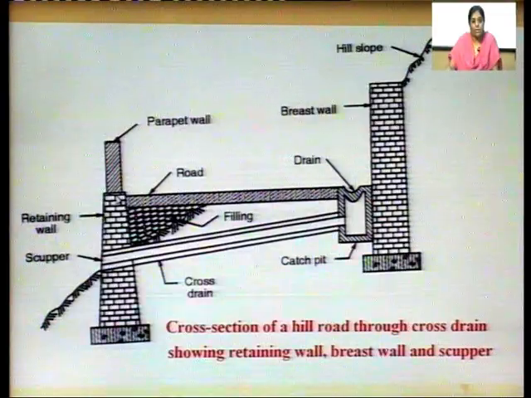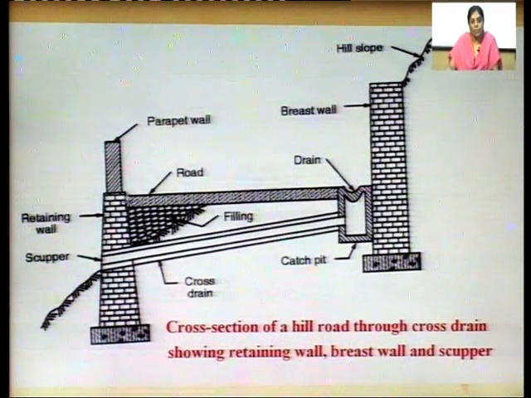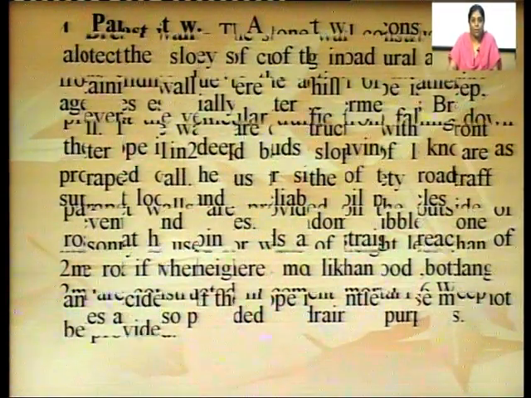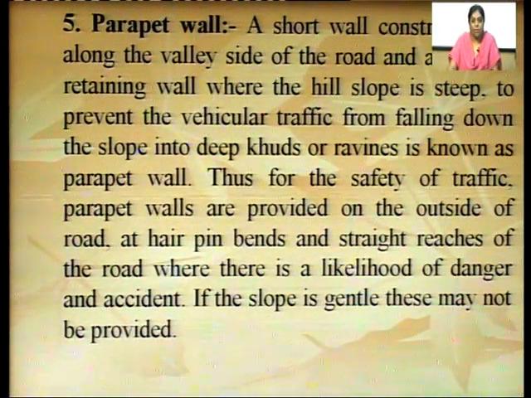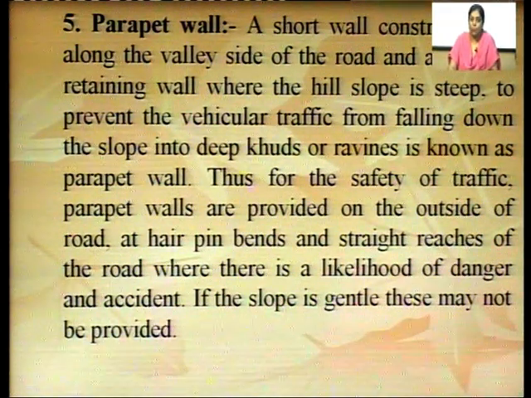If retaining walls are built on the road, then parapet walls are built on the retaining walls, and if retaining walls are not there, then parapet walls are built along the side of the road. So, this is the parapet wall. So, we have talked about breast wall, then parapet wall, and I have told you that if the slope is gentle, then parapet walls may not be provided.